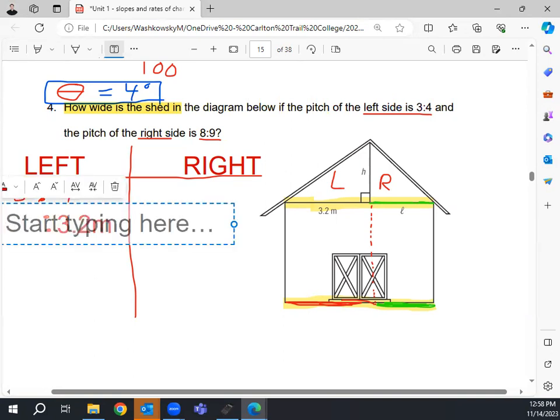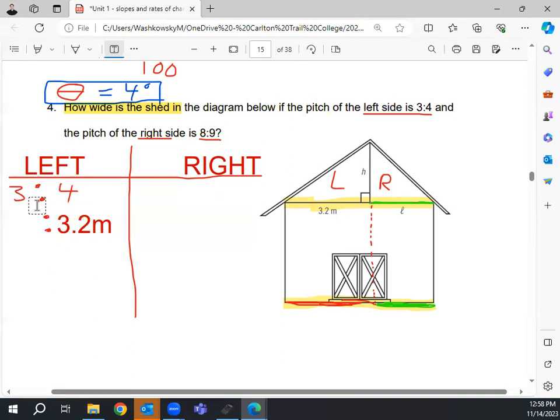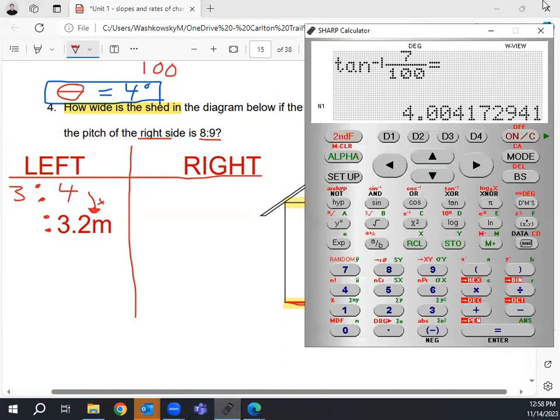And then on my left side, I don't know what the rise of it is. But this is similar to a question that we've used before. So I know that this is a proportion, right? Which means I could take 4, times it by some random number, and it's going to give me 3.2. Oh, this seems familiar.